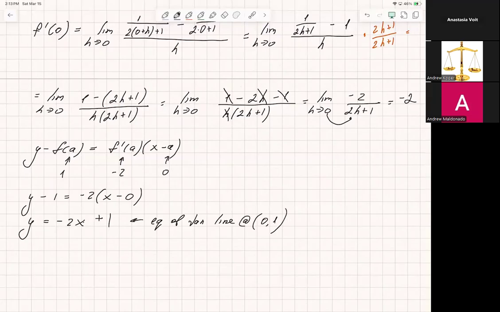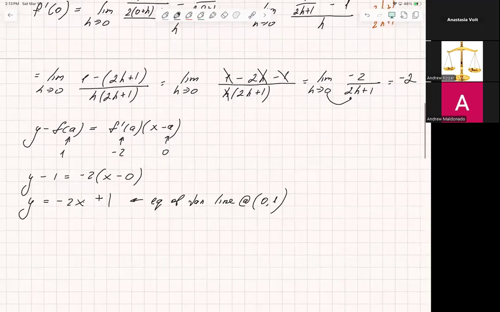Okay. Now, let me go over several examples on how to use the power rule, product rule, quotient rule, and some of the trick problems.